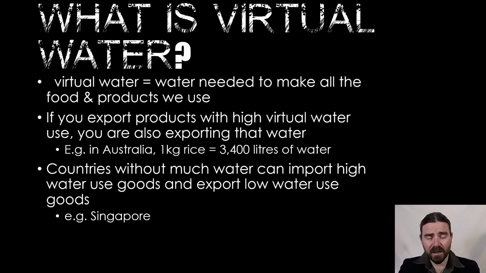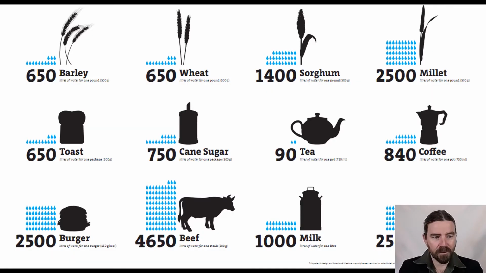Let's have a look at how much virtual water is used for various things. You'd be quite shocked. So here we go. Barley and wheat use 650 litres for 1 pound. That's half a kilogram. This is American. Unfortunately, most of the internet's American, so they use these imperial measurements rather than metric ones.